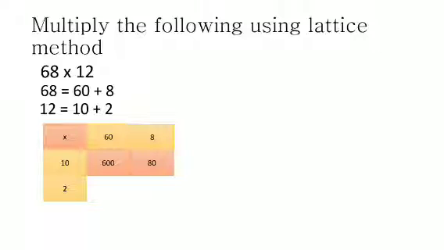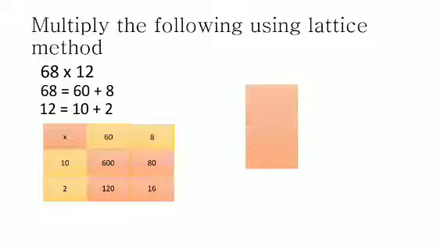So 2 6 are 12, and we will put 1 0. Now 2 into 8. 2 8s are 16. Here we got 4 products. So we will add these 4 products.